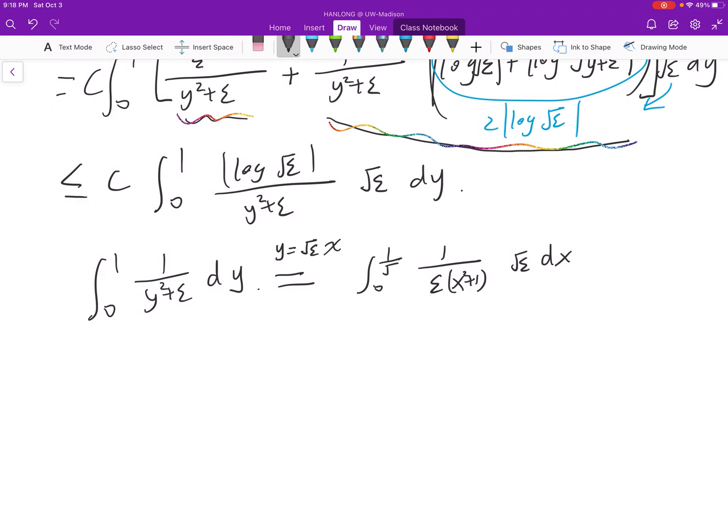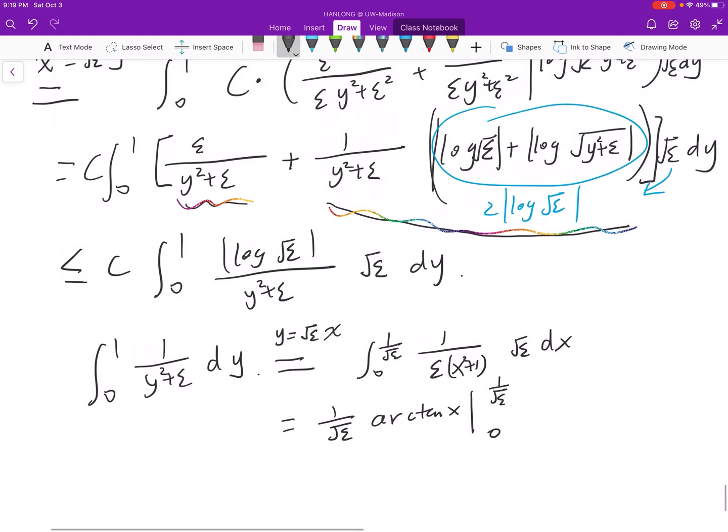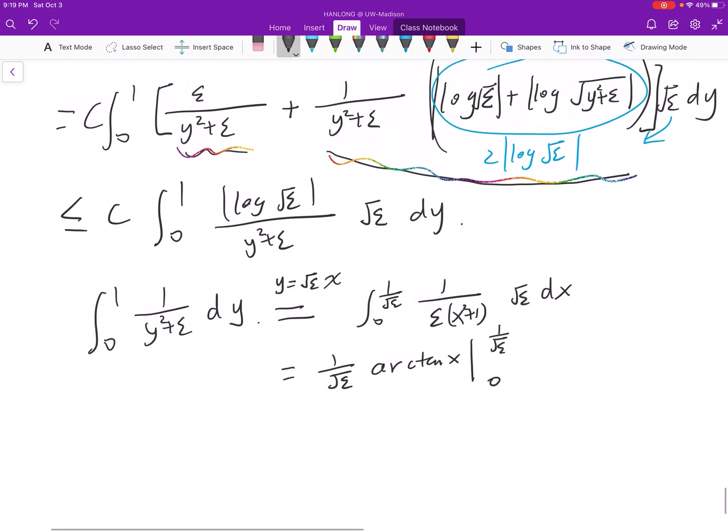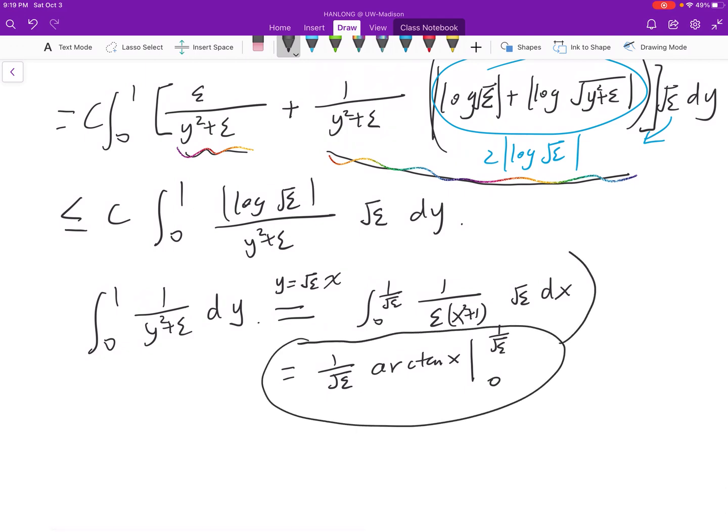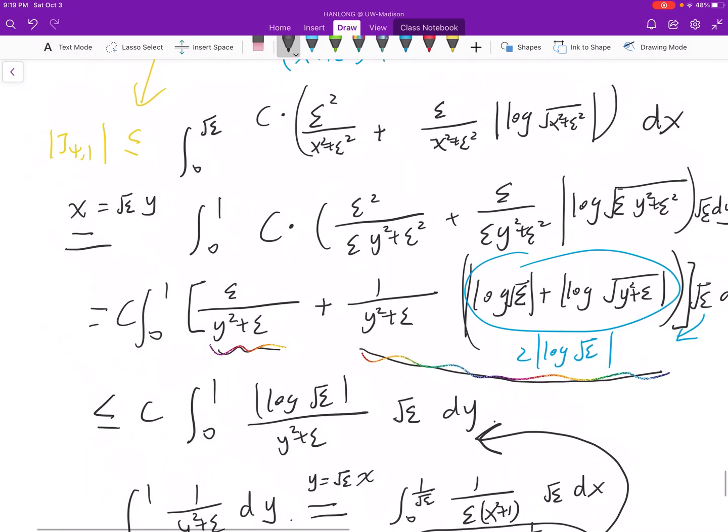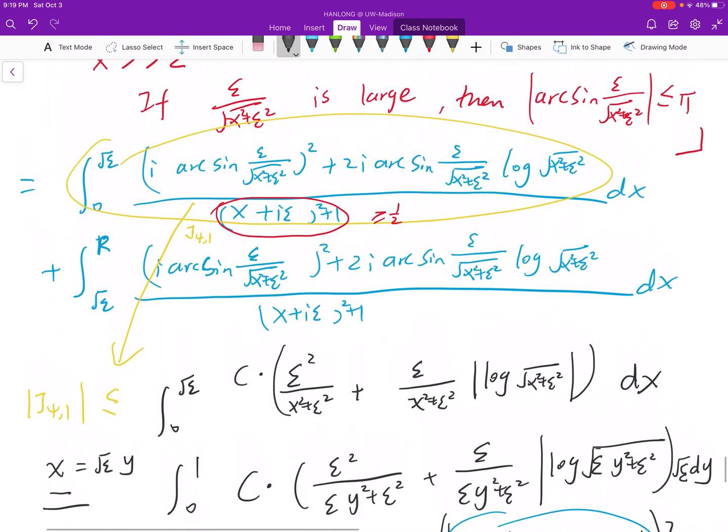Here will be 1 over square root epsilon. So then you have 1 over square root epsilon arc tangent x, from 0 to 1 over square root epsilon. Oh, then that tells you it's not enough. So when you plug in, it's not enough to conclude this goes to 0. That means we need to make our estimate sharper.